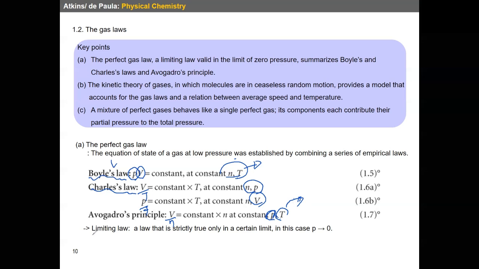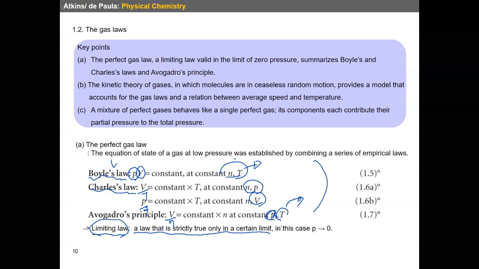So there is a limiting law. The basics of these laws have this kind of assumption: a law that is strictly true only in a certain limit. This is why we call these ideal gases or perfect gases. It might not apply to real gases, which can have different pressures or temperatures.